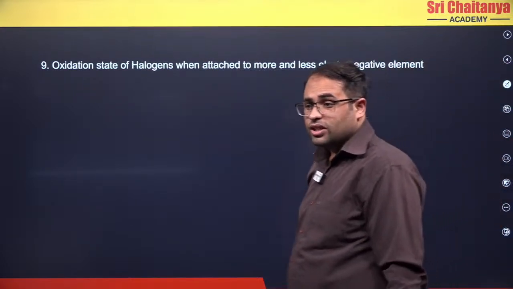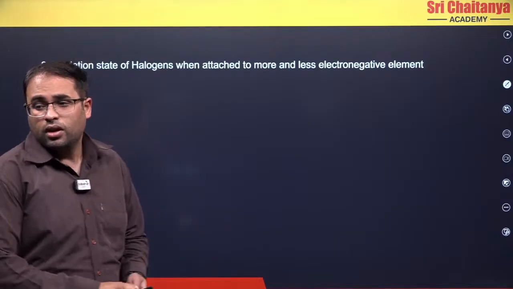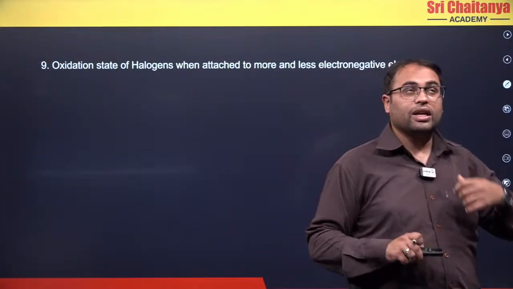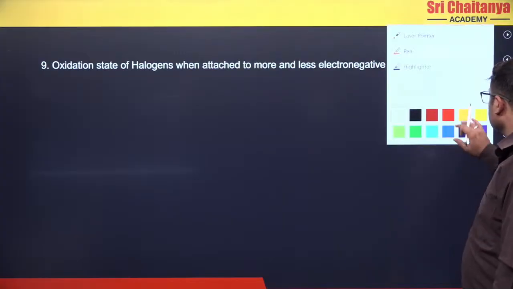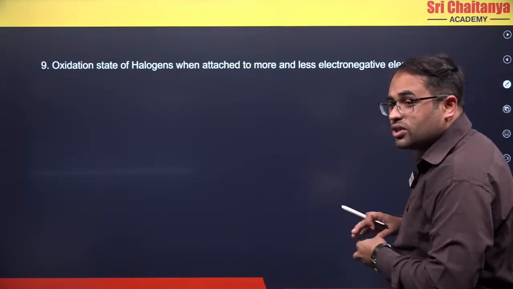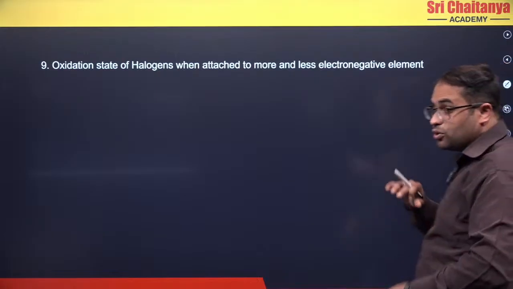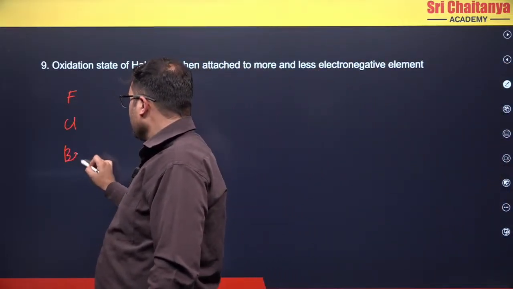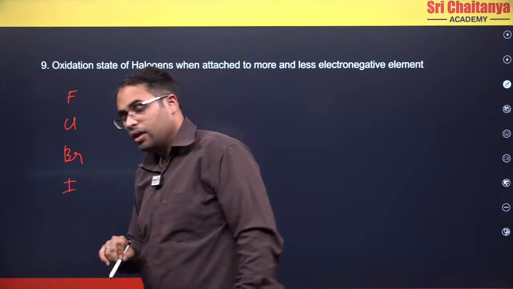Now, next, oxidation state of halogens when attached to more or less electronegative elements. So how do you calculate the oxidation state of halogens? Halogens are, if you remember, fluorine, chlorine, bromine, iodine.